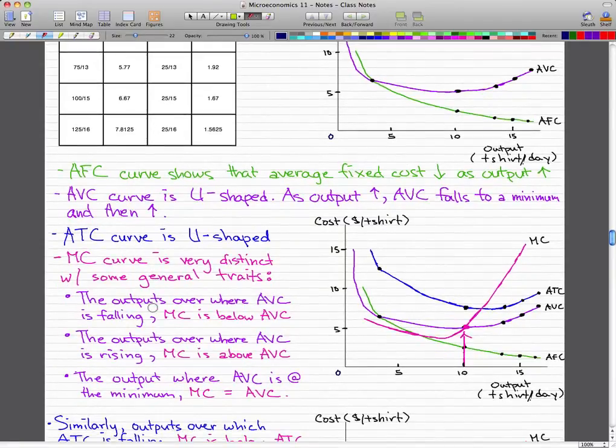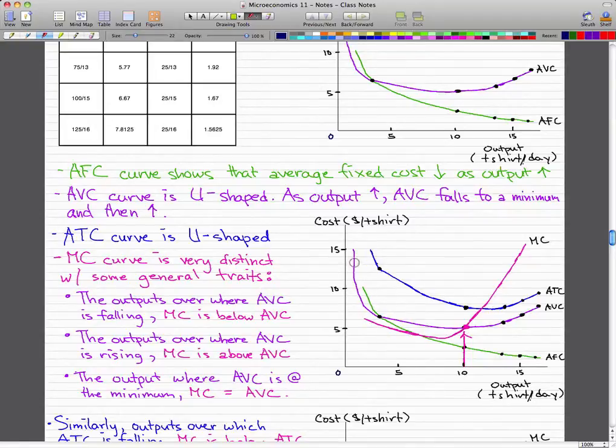The marginal cost curve is a very special curve. It is very distinct with some general traits. Over the output where AVC is falling, over the output where this purple curve is falling, MC, the marginal cost curve, is actually below the AVC.